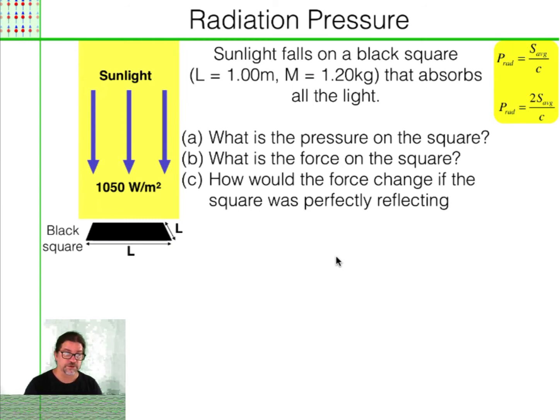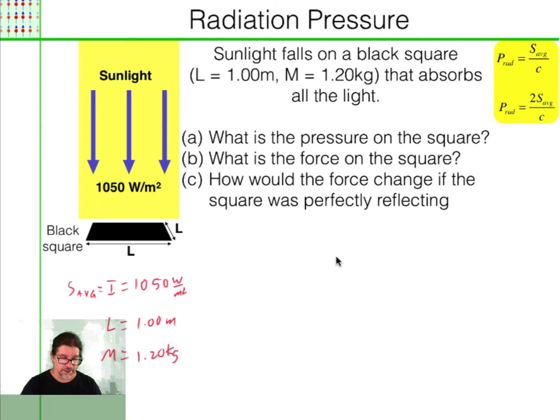Let's rewrite everything we know. We're given that the intensity of the sunlight, S average, is about 1050 watts per square meter. The length is 1 meter. The mass is 1.20 kilograms. And we're asked to find pressure.